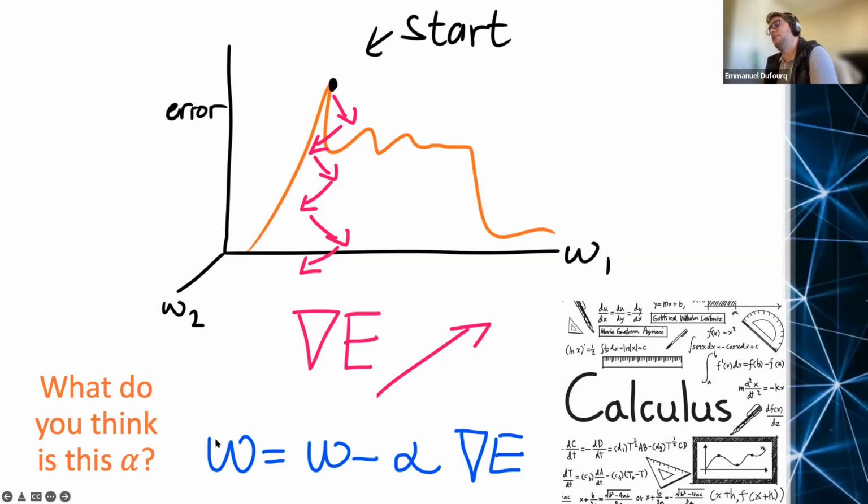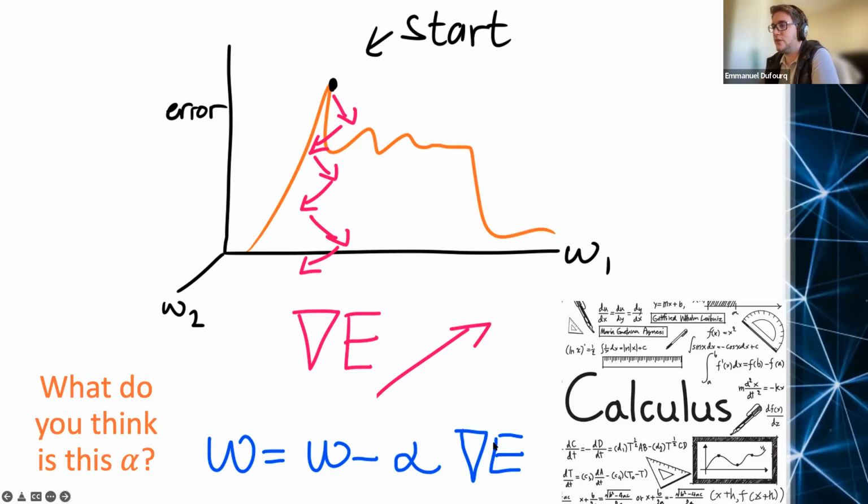So how do we update the weights? We say the new value of the weight is the old value of the weight minus a learning rate times the partial derivative of the error with respect to the weights. Now, this part is messy, and I don't want to go into this detail.